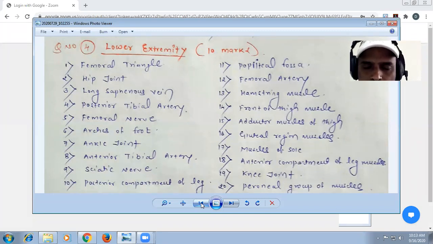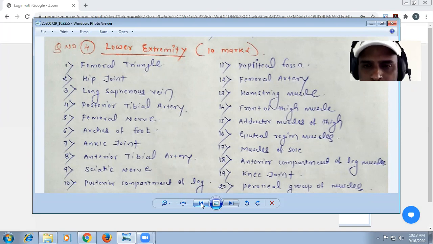Then I have told you the long question: first paper, 3 joints, and second paper, long question on an organ, any 3 to 4 organs, 20 marks. Means what? 140 marks appearing, then you can get a maximum of 100. 40 marks you will leave.